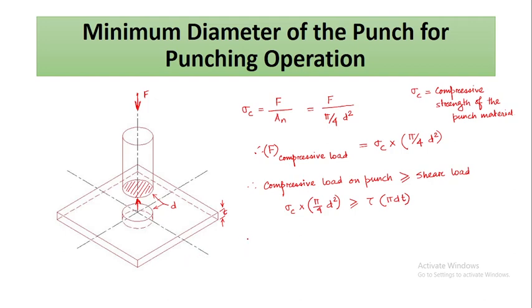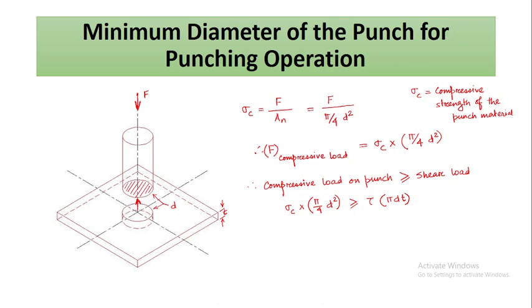So we can find out the minimum diameter required for the punch. Okay, so in this way we can find out the minimum diameter needed for the punch for this punching operation.